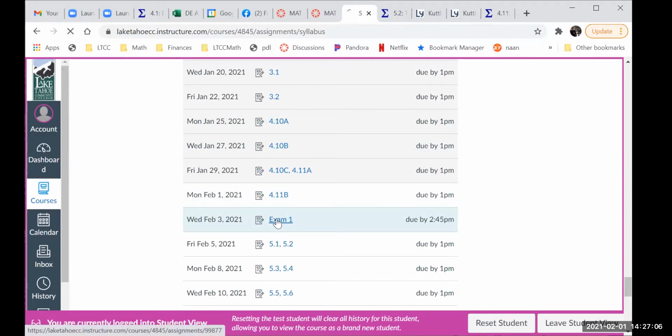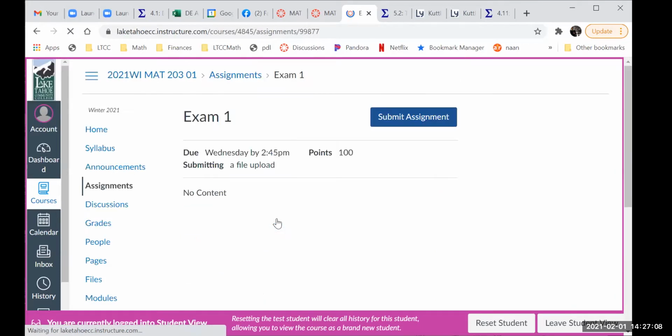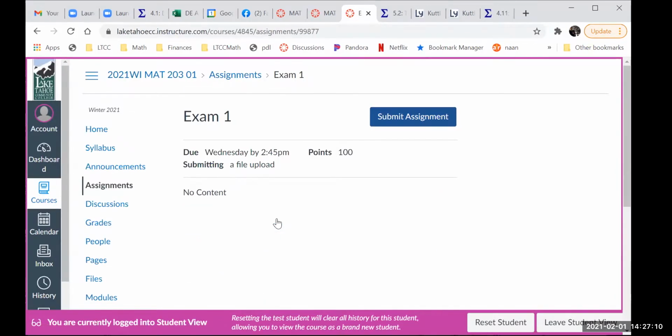And if you click it, all it says is submit assignment, no content. Is that clear? So right now, if you went and looked at the exam, you won't see anything. But at 1 o'clock on Wednesday, if all goes well, your exam will be sitting there. Any questions on that? I'll put the content in.